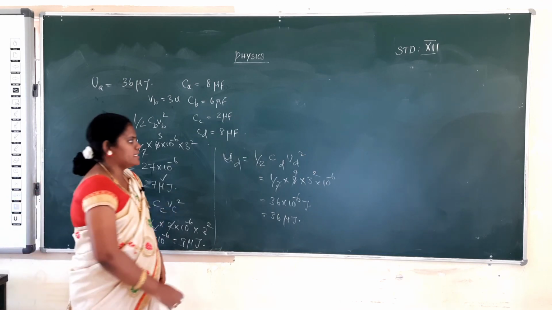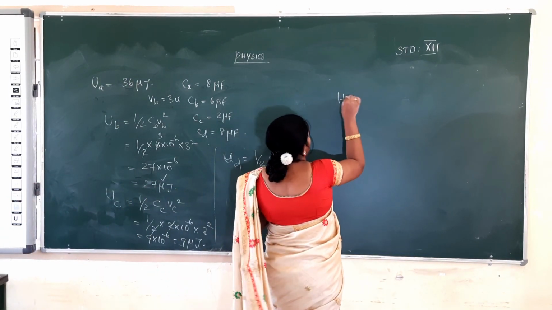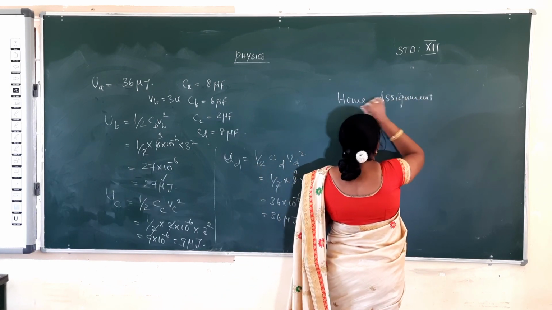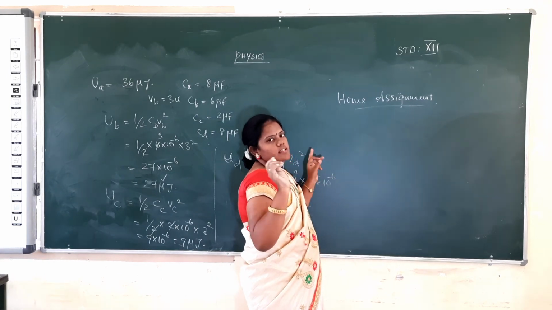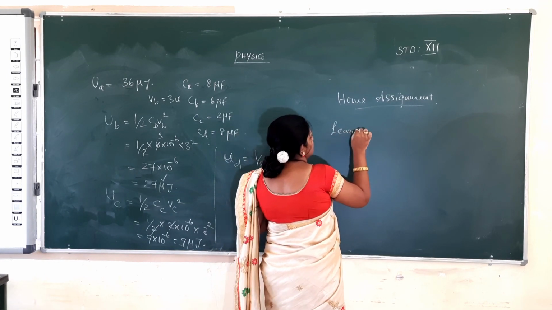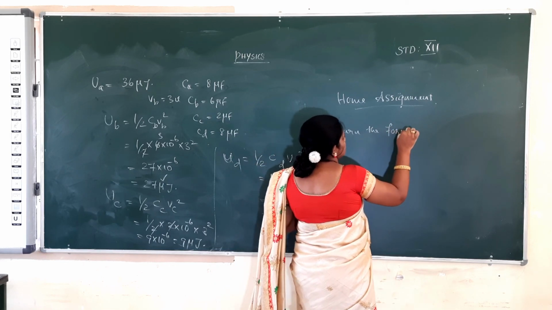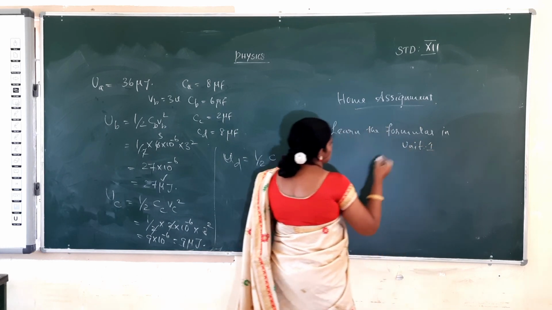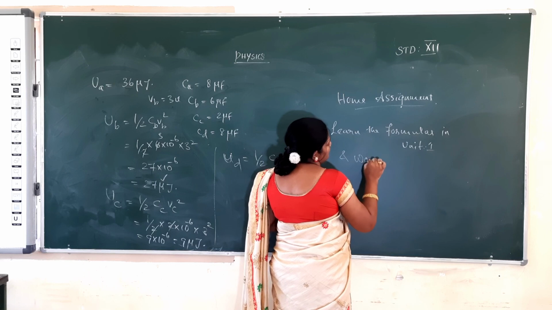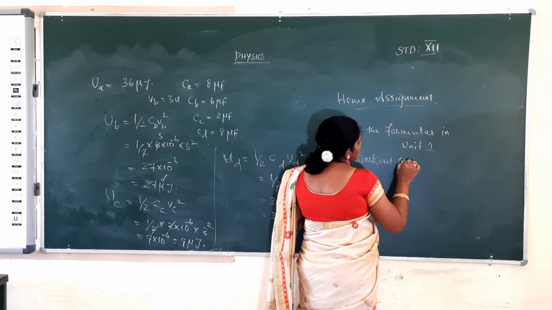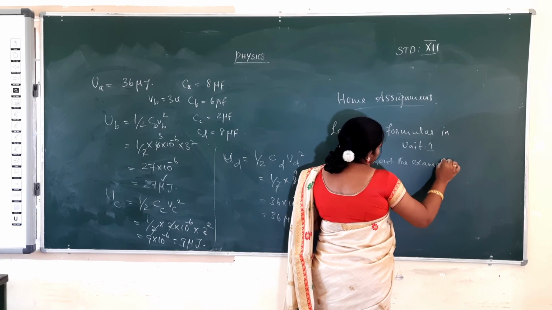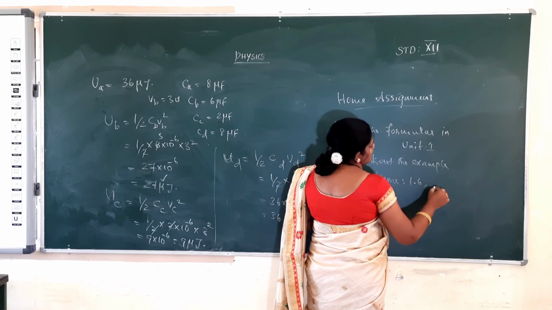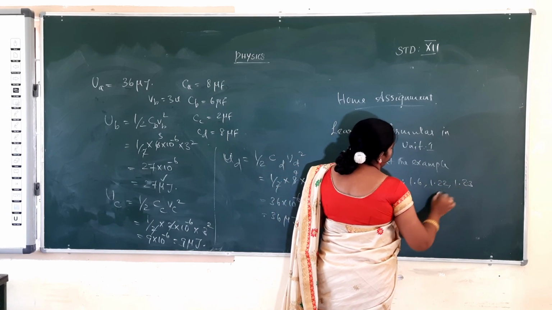Okay. Today's home assignment: first learn thoroughly the formulas in this lesson, the formulas in unit 1, and work out the example problems 1.6, 1.22, 1.23 and 1.24.